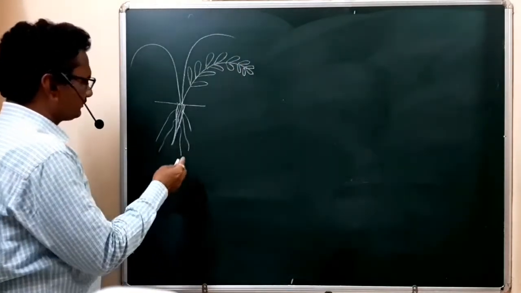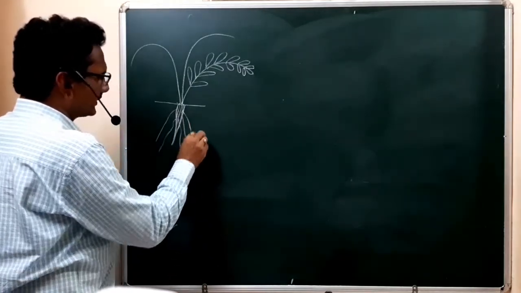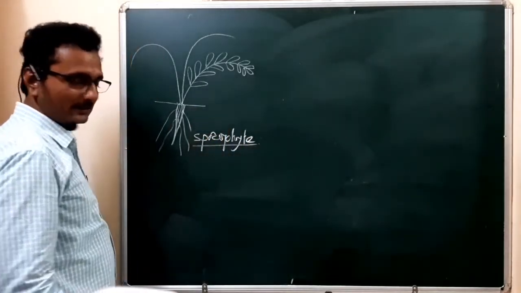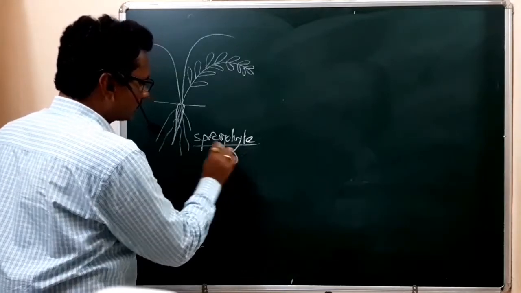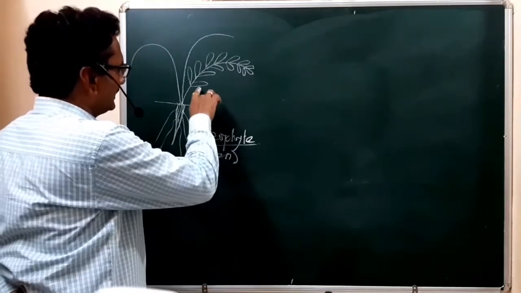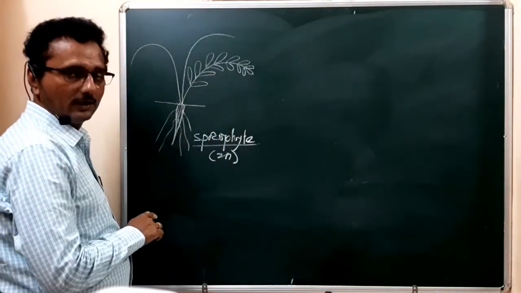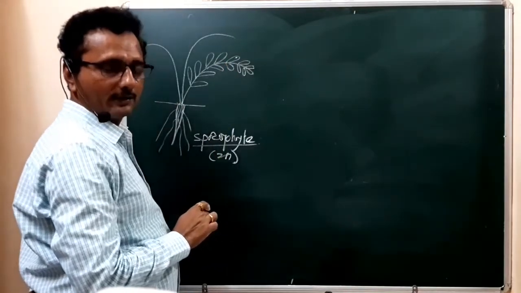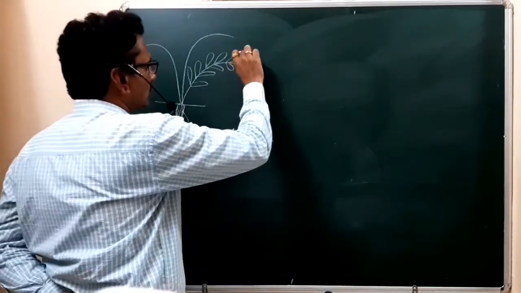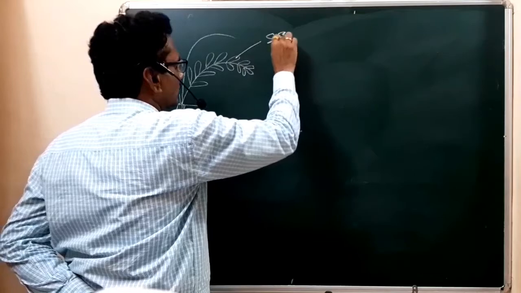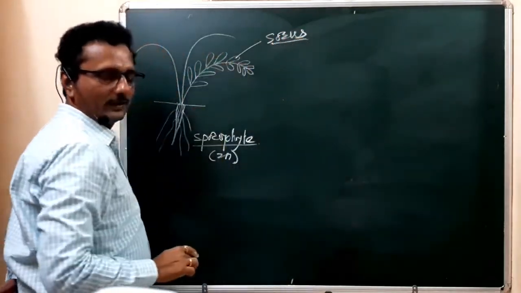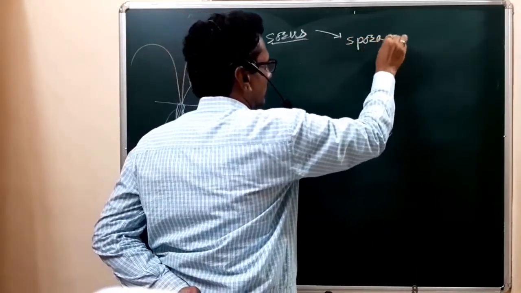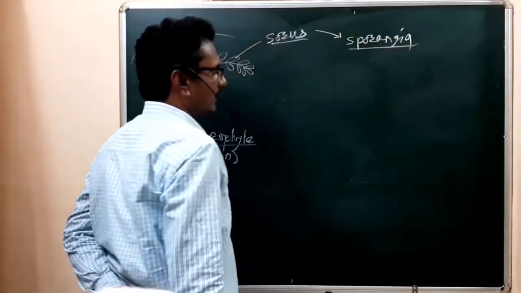This is the plant body, this is the sporophyte, and this plant body is diploid, meaning they have two sets of chromosomes, 2n. Then on the pinnately compound leaf, they develop sori over the leaflet, and inside that sorus the sporangia are developed.